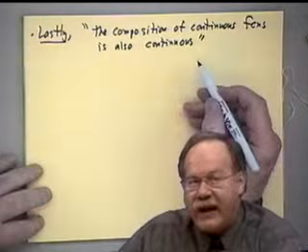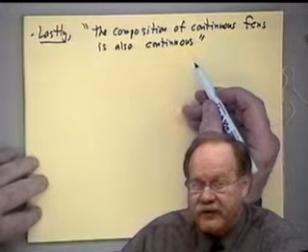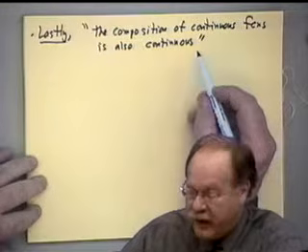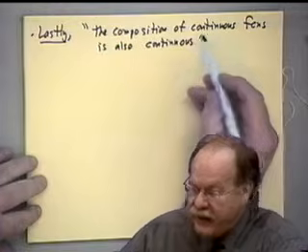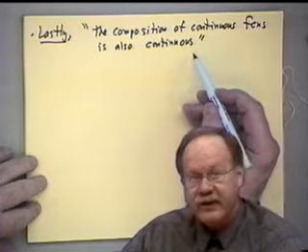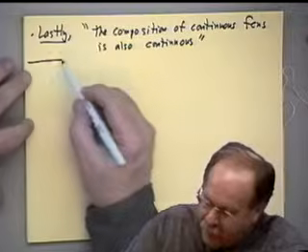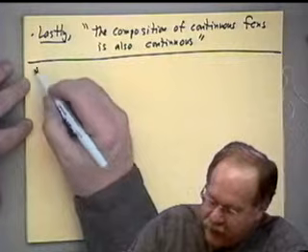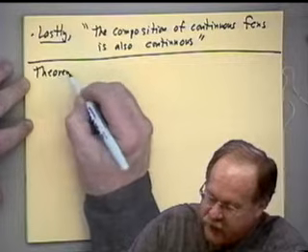So not only can you add, subtract, multiply, and divide functions and get continuous functions under the right circumstances, if you take and compose one function with another and they're both continuous, the end result is also continuous. So let me write out the theorem and then show you a picture to illustrate it.